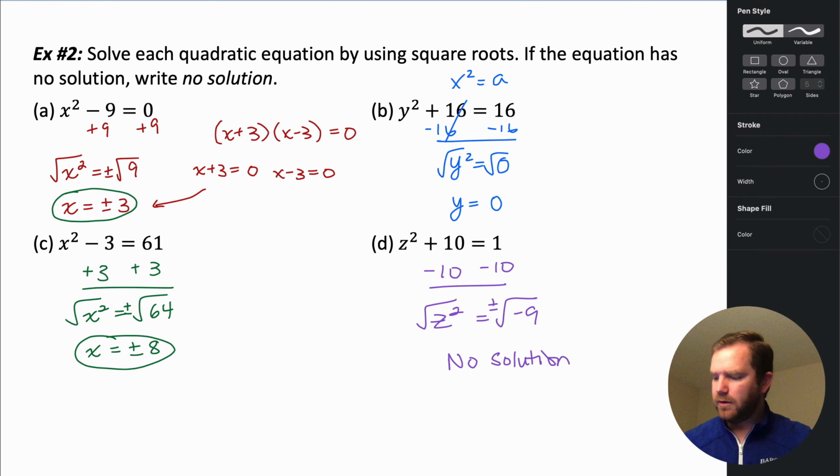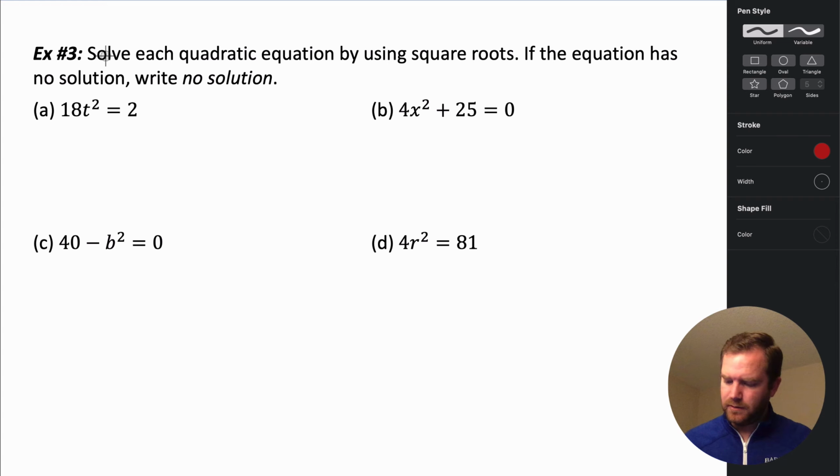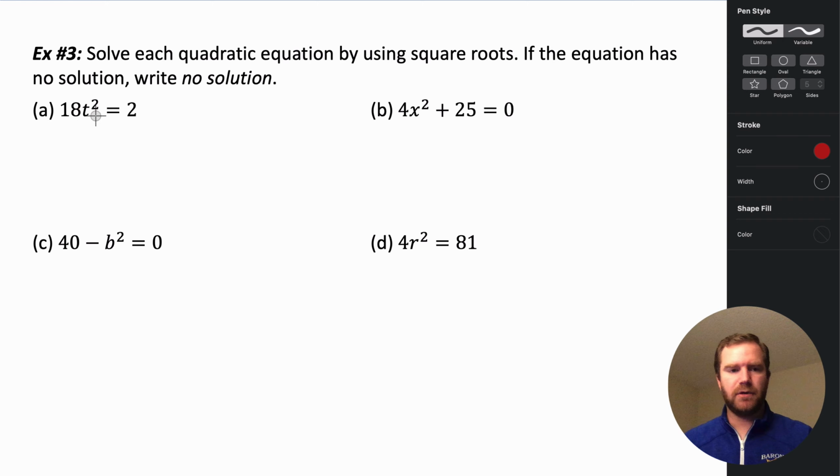Okay, so let's take a look at one more set of these. So we want to solve these equations by using square roots. Again, no solution. Make sure you write no solution. Now, in order for us to use square roots, we have to first isolate our variable. So in this one, t is being multiplied by 18. So we can divide by 18. Divide by 18. And I'm going to get that t squared equals 2 divided by 18.